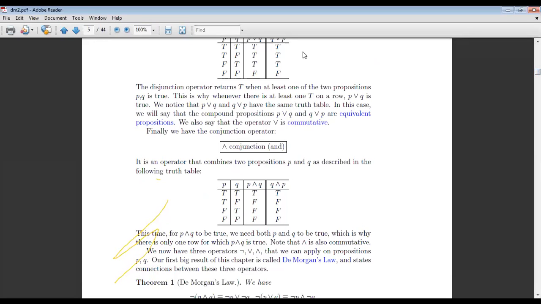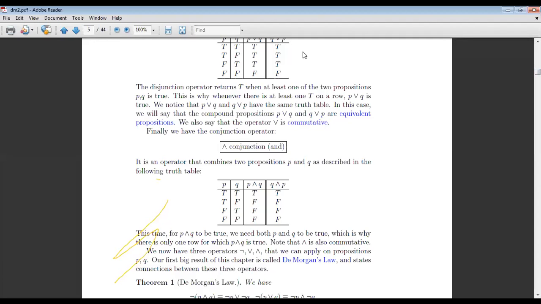Now see here, from the table, negation of P conjunction Q is equal to negation of P disjunction negation of Q.